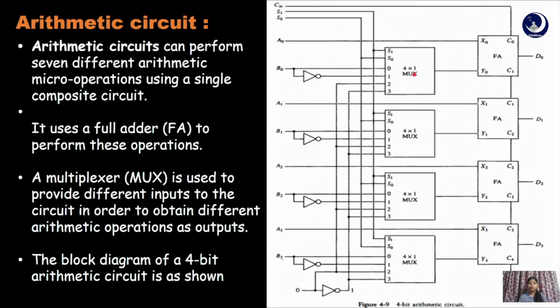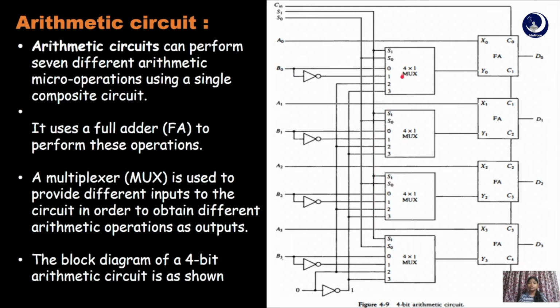As we know, the 4x1 multiplexers have two select inputs S1 and S0. These two select inputs are connected to all 4 multiplexers, and the 0 inputs of the 4 multiplexers are given using the B bits, that is, B0 is connected to the 0 input of the first multiplexer, B1 to the 0 input of the second multiplexer, B2 to the 0 input of the third multiplexer, and B3 to the 0 input of the fourth multiplexer.